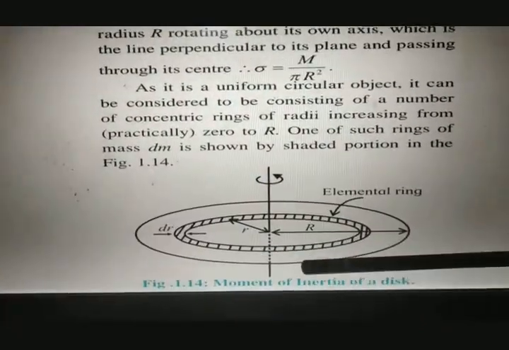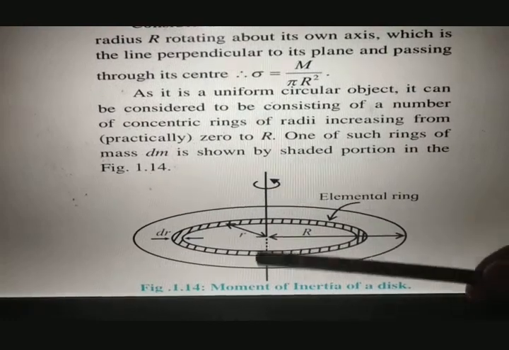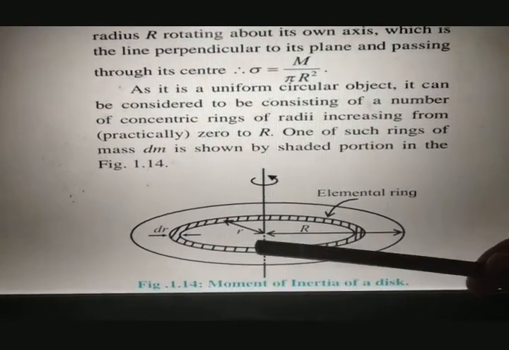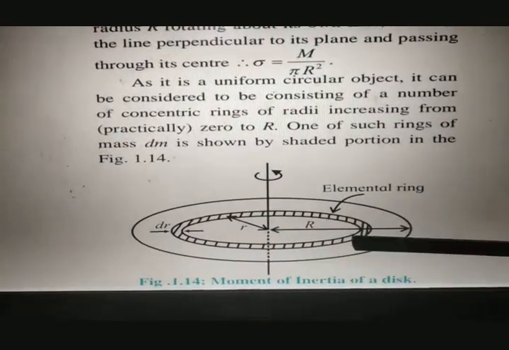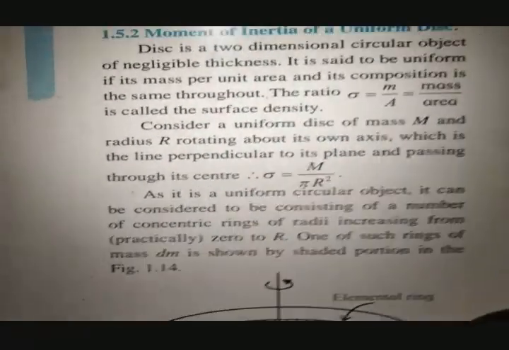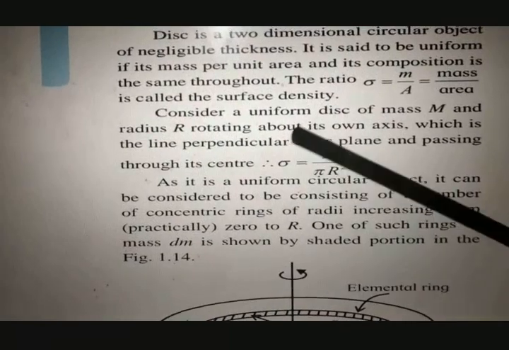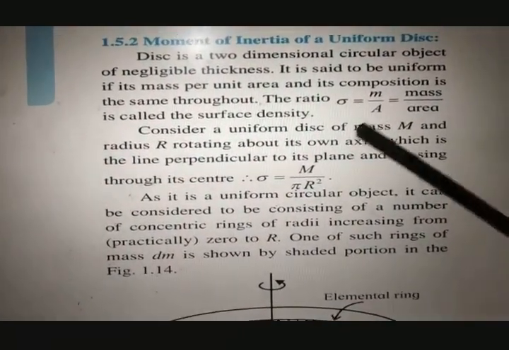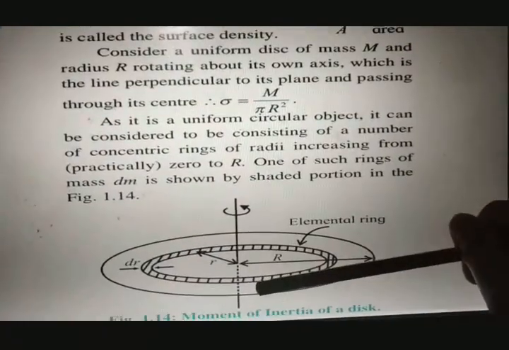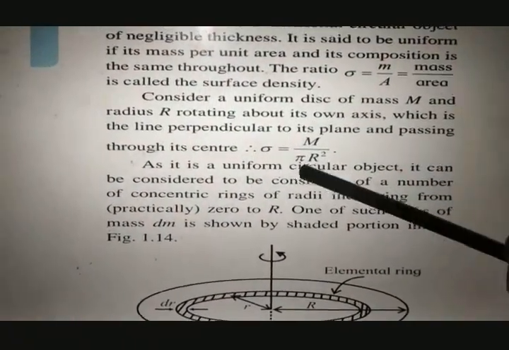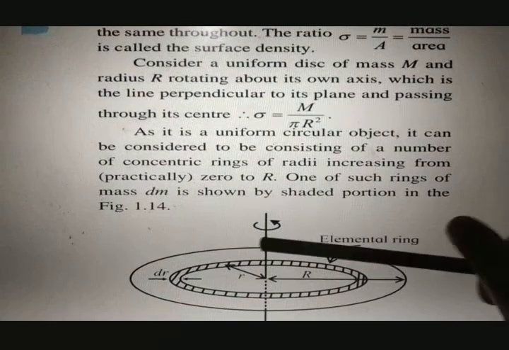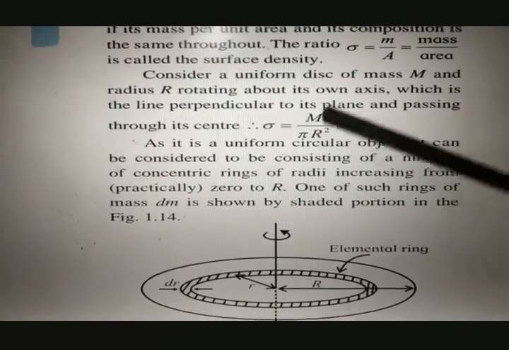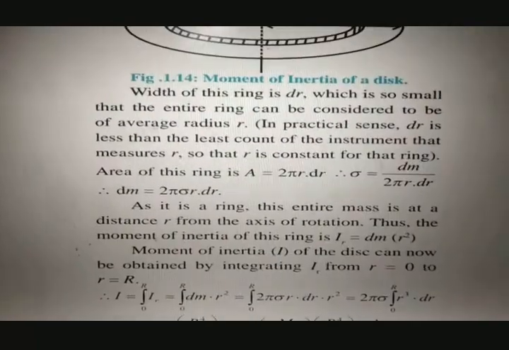This is the disc, and this axis passes through the center of mass of the disc and is perpendicular to the plane of the diagram. So sigma will be mass m upon the area, and for this disc the area is circular, so that is pi r square.